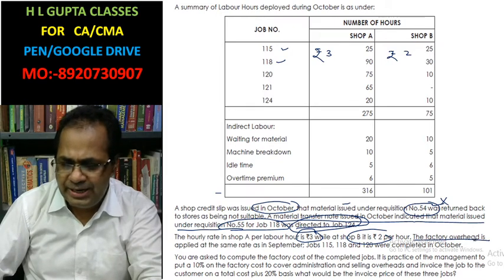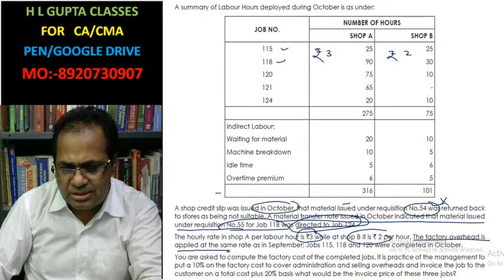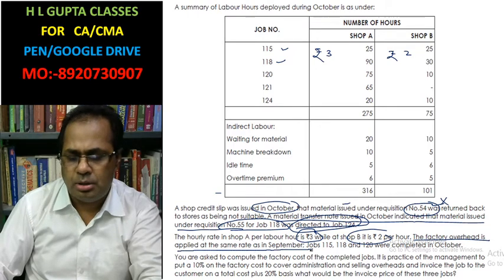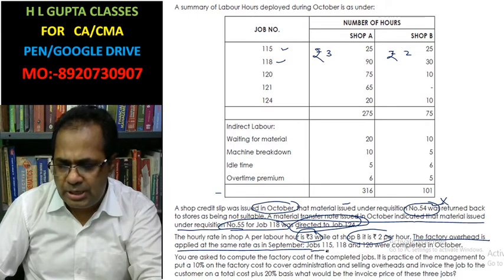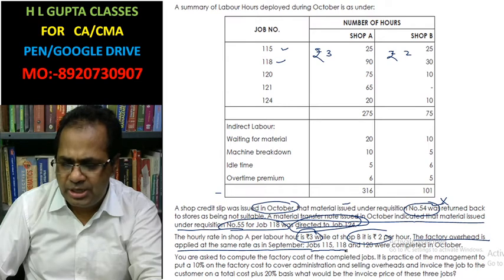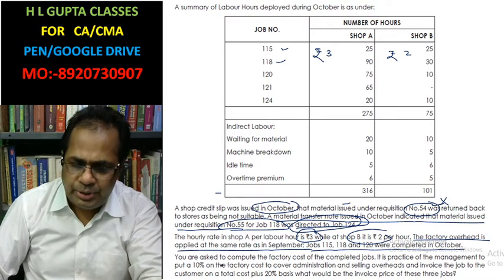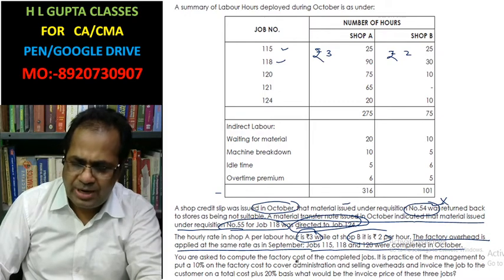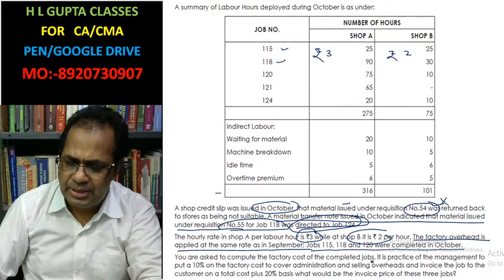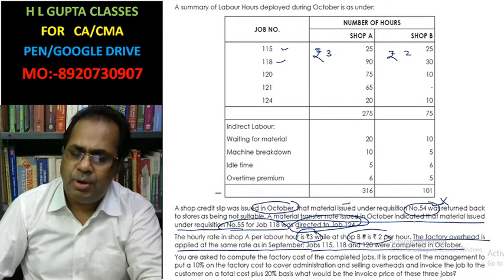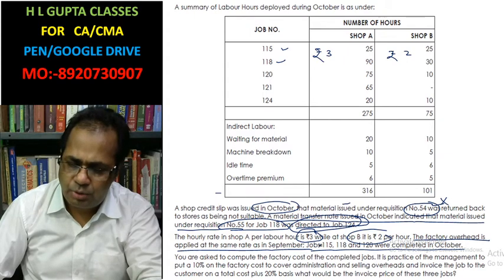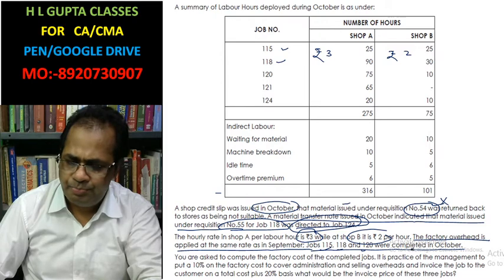Factory overheads are applied at the same rate as September. Jobs 115, 118 and 120 were completed in October. You are asked to compute the factory cost of the completed jobs. It means you have to find the factory cost for job 115, 118 and 120.